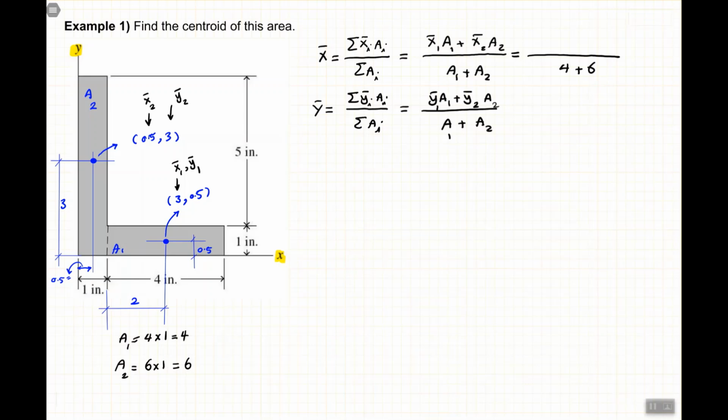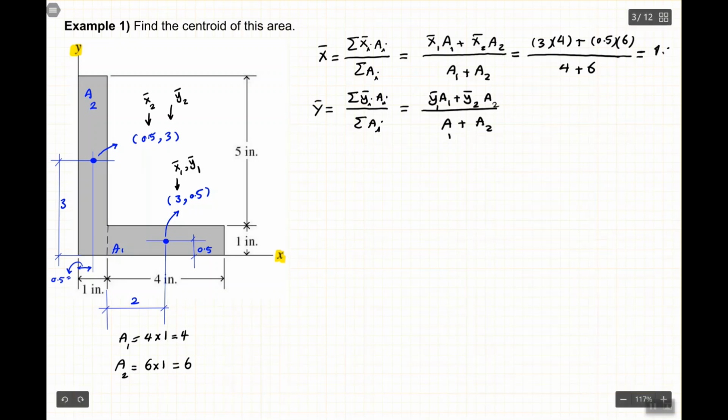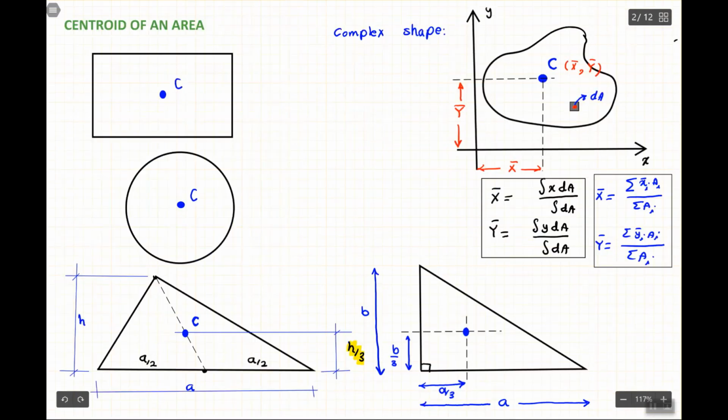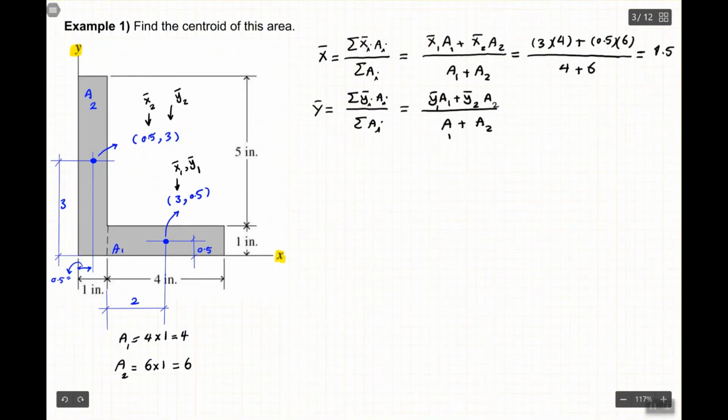So x bar 1, we have the value is 3 multiplied by 4 plus x bar 2, which is 0.5 multiplied by A2, which is 6, and it gives me 1.5. It gives me 1.5, and the unit is in inches.